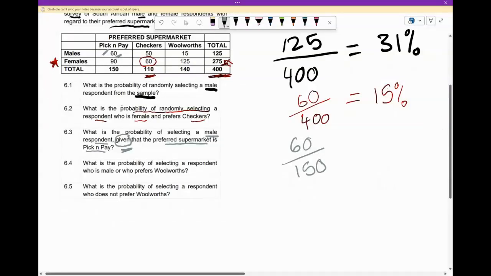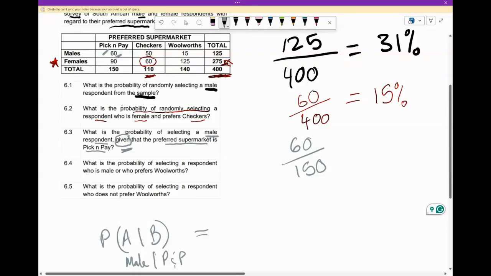And we know the formula for conditional probability is what is the probability of A given that B has taken place? So here we're saying what is the probability of us selecting a male given that their preference is Pick and Pay.